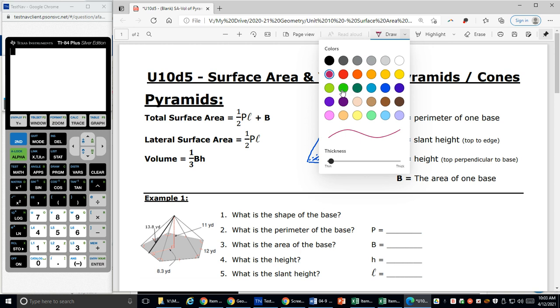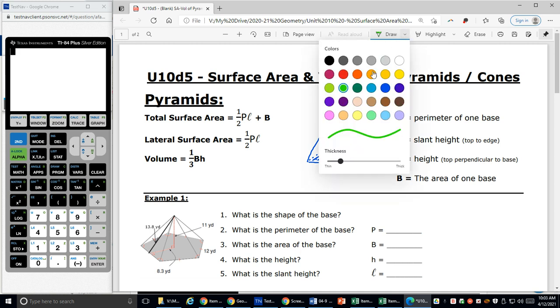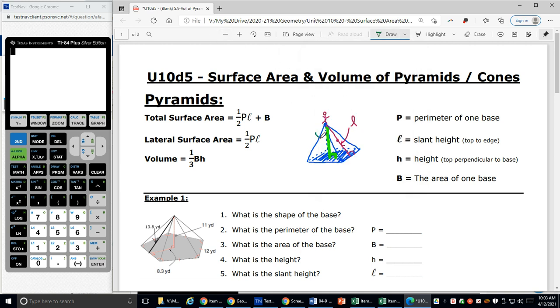Whereas we already have looked at the height, which we say is the perpendicular distance. So from where I'm standing, if I were to drop something and it landed straight down, perpendicular to the base inside the pyramid, that's going to be my height, my h. That's the one I use for height.